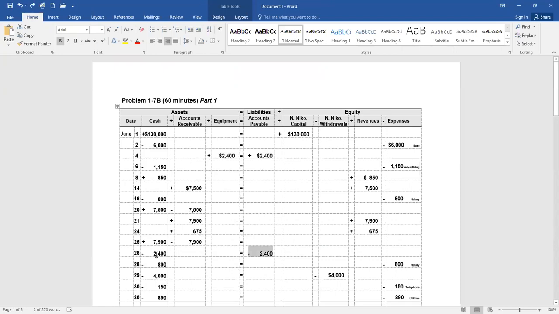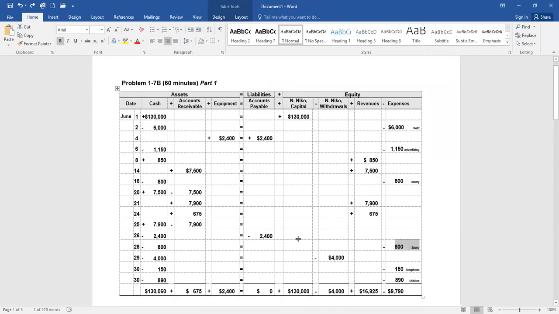The 28th. The company paid $800 cash again for that assistant's salary for the second half of the month. So we'll decrease cash, and just like before, we'll show this as an expense, noting it was for salary, showing that it has a negative impact on the equation. The 29th, Nina Nika withdrew $4,000 cash from the company for personal use, and she's allowed to.